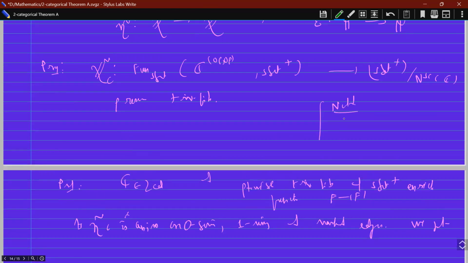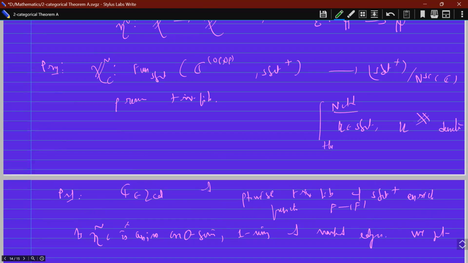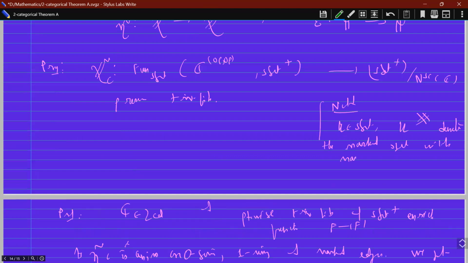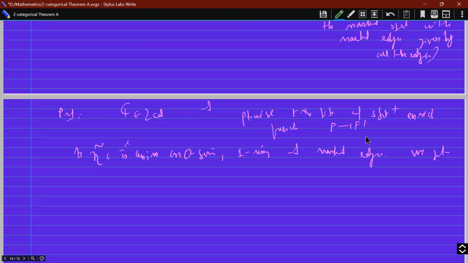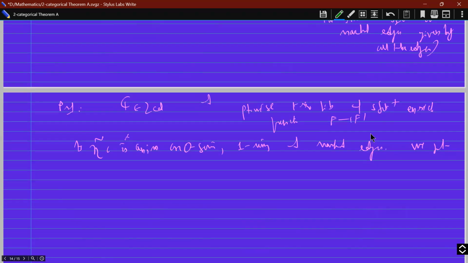So some other notation. For a simplicial set K, this is my notation for the marked simplicial set with marked edges given by all the edges. Right, so we get lifting problems.